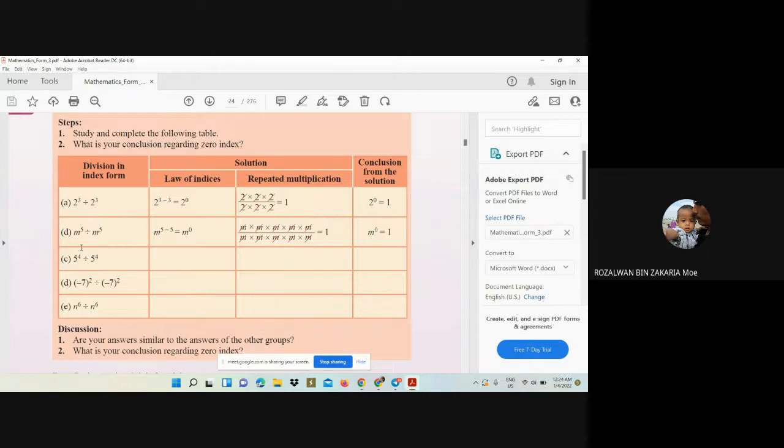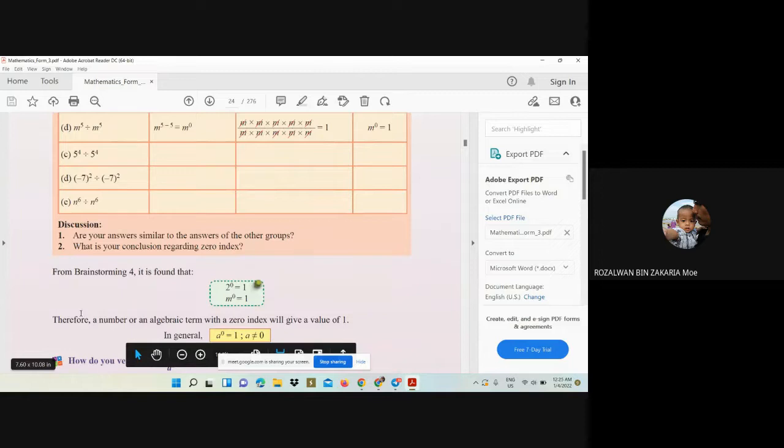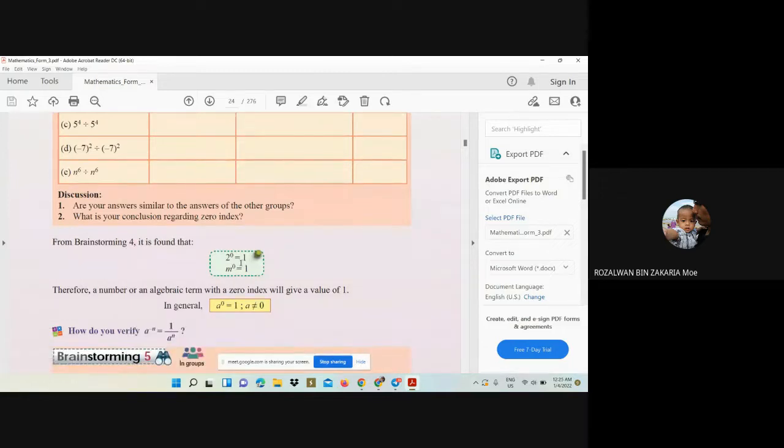So same here, if you do C, D, and E, you will get the same conclusion, which is 5 power of 0 equal to 1, then in bracket minus 7 power of 0 equal to 1, and also n power of 0 equal to 1. So from this, you can conclude that 2 power of 0 equal to 1 and m power of 0 equal to 1.